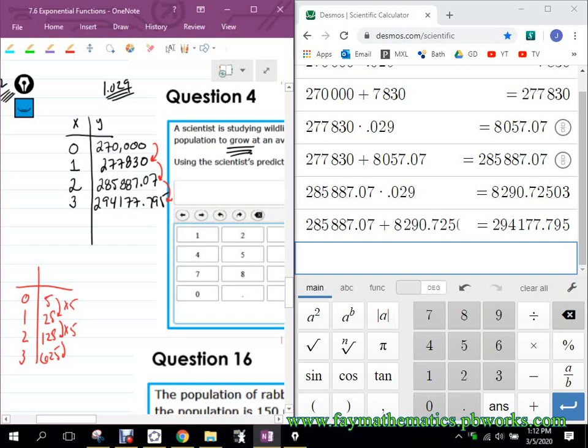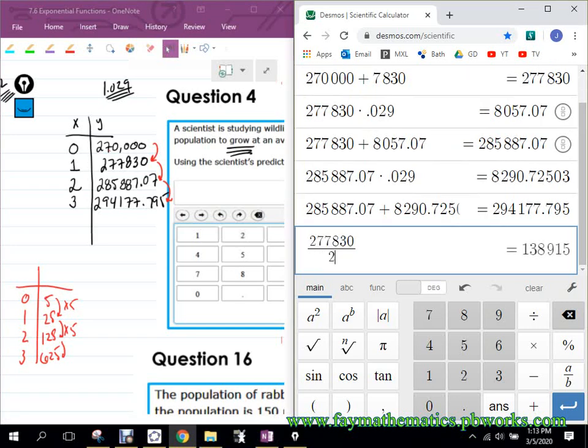Do you know what number you're going to multiply 270,000 by to get 277,830? You don't know that number off the top of your head, right? So what you're going to do is take 277,830 and divide it by 270,000.